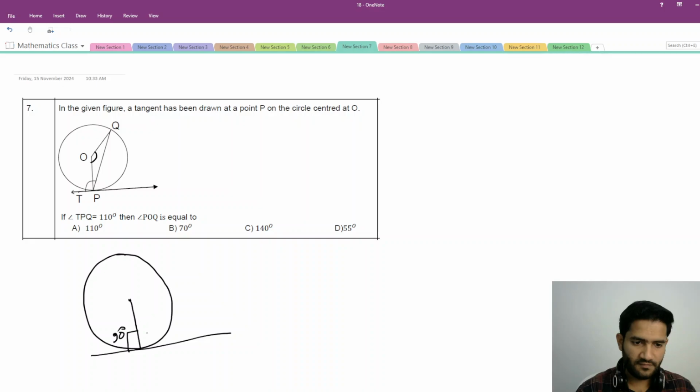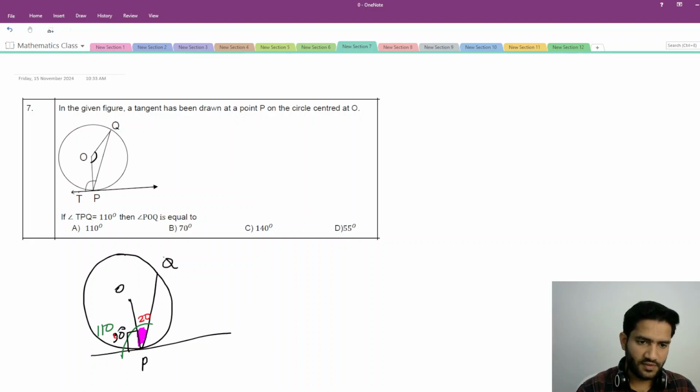Here the entire angle is 110, so we can find the angle here. This should be 20, because 90 plus 20 is equal to 110.